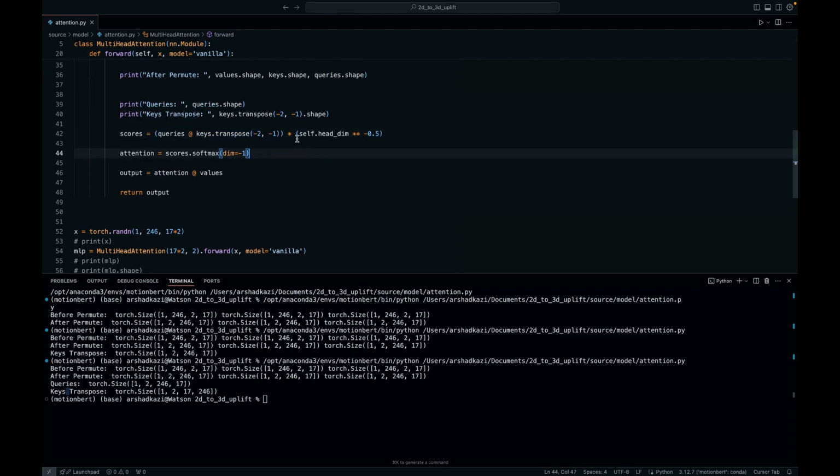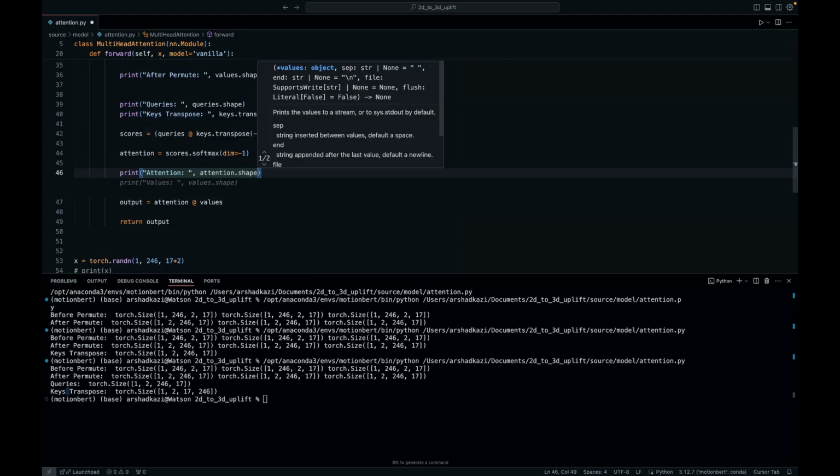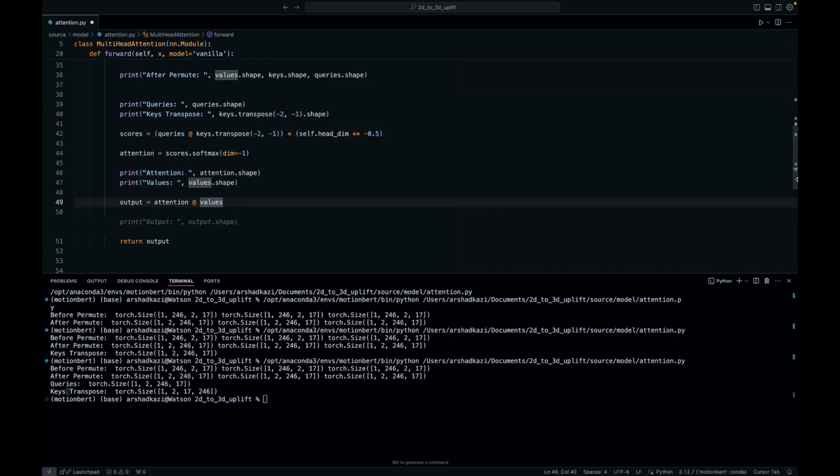Then we are performing the scaling that is based on the head dimension. After these scores, we have the softmax operation, and only then can we combine this with the values. So if we have, let's say, the attention shape and value shape, let's do that as well.